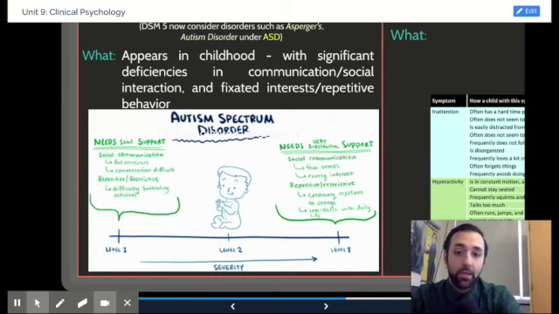In some cases, that might actually give the patient an exorbitant skill in one area. There are plenty of cases of individuals with autism spectrum disorder who are exceptional artists or musicians or graphic designers because that fixated interest and repetitive behavior has simply led them to practice a certain skill over and over again. In some cases, that can be harnessed for really incredible skill sets.